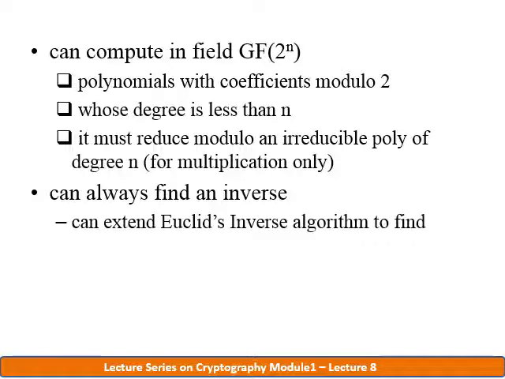Basically, what is an irreducible polynomial? A polynomial f of x over a field f is called irreducible if and only if f of x cannot be expressed as a product of two polynomials, both over f and both of degree lower than that of f of x.